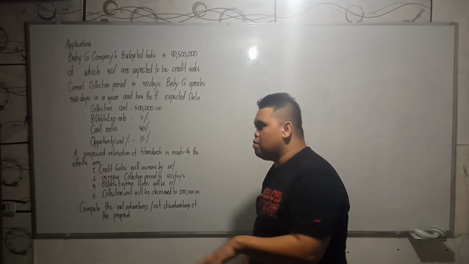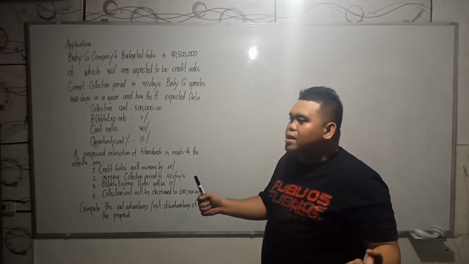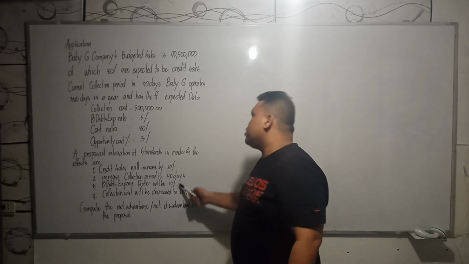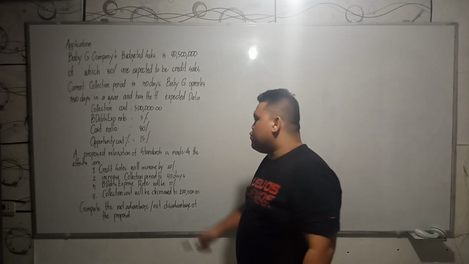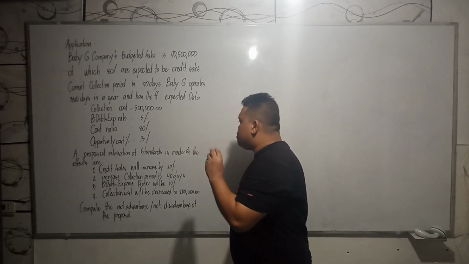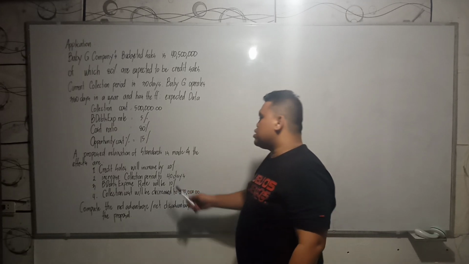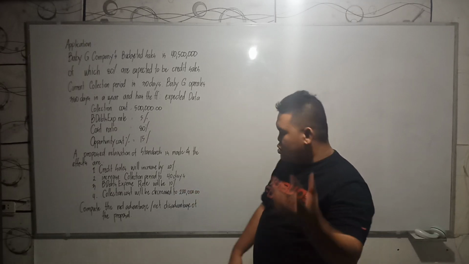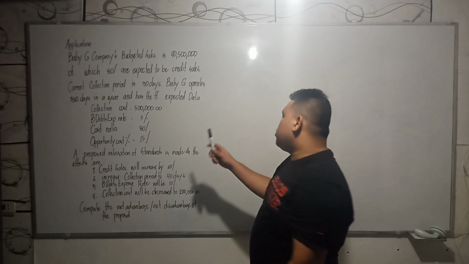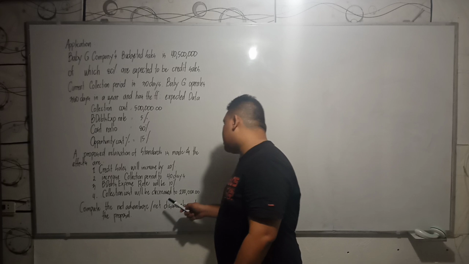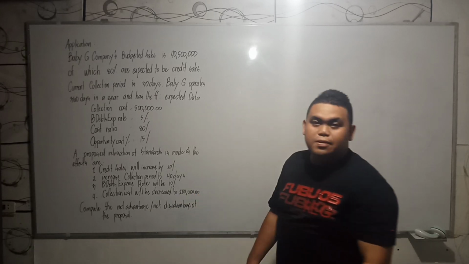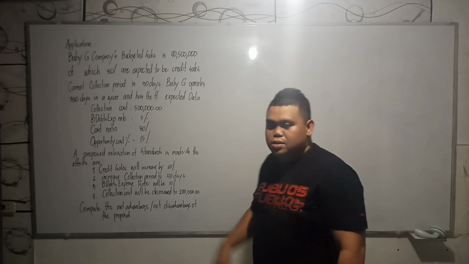Sometimes, most of those customers will tend to extend the credit terms as much as possible. So, as you can see, the collection period from 30 days became 40 days. Okay? And then the budget expense from 5% has increased to 10%. And of course, it is to be expected since you are going to relax your credit standards, your collection cost will be decreased to 200,000. So those are the effects.